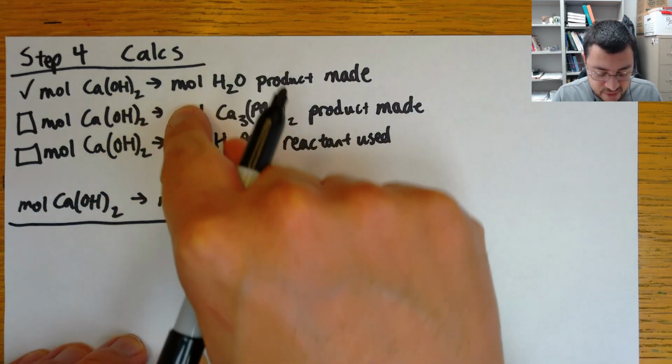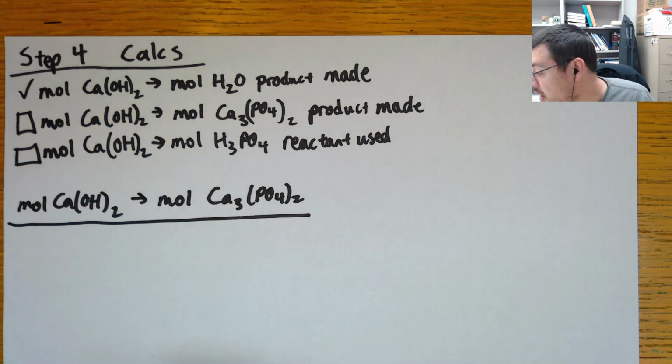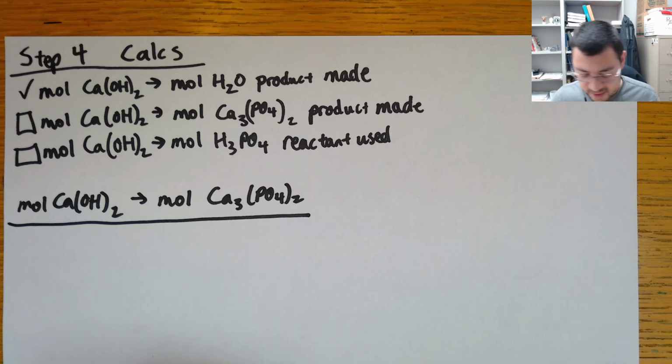All right, so we're going to do this middle one, hydroxide to phosphate, calciums. Okay, so we start with the limiting reactant for everything.